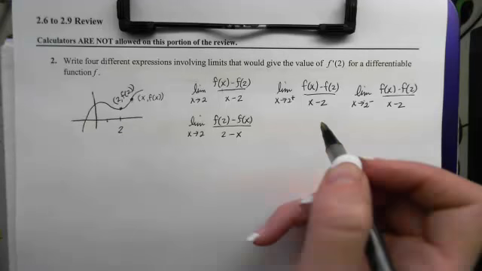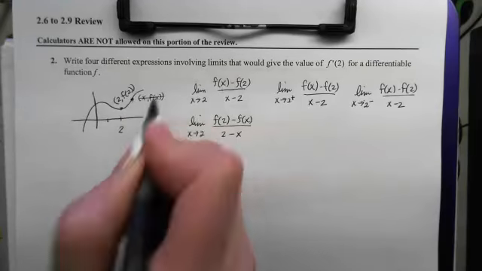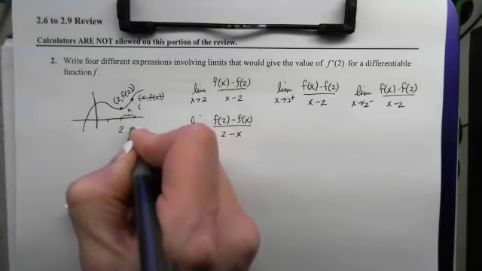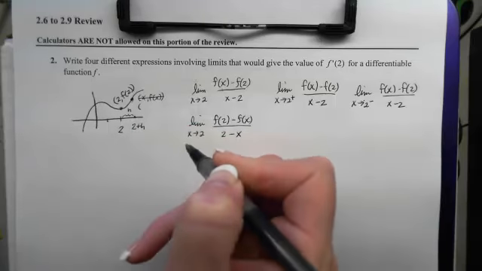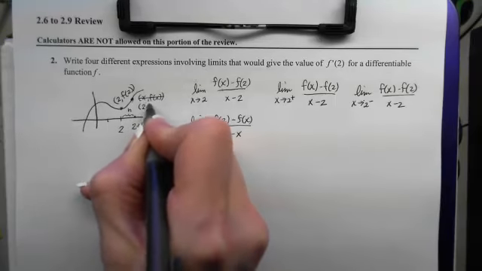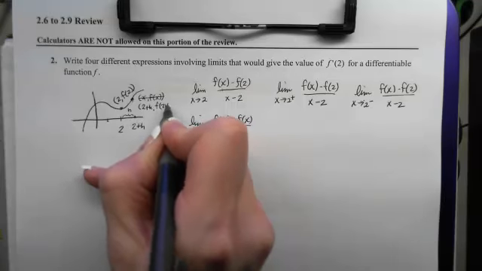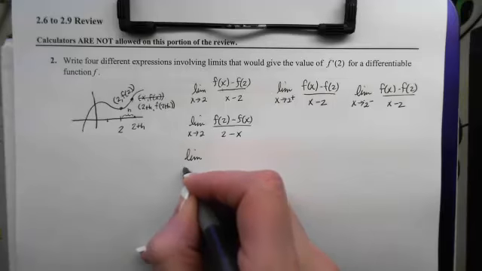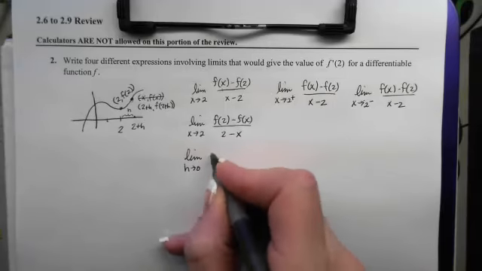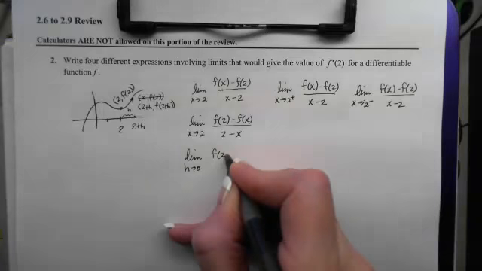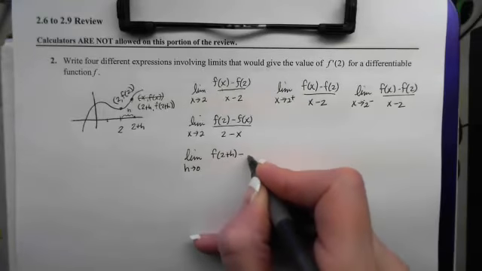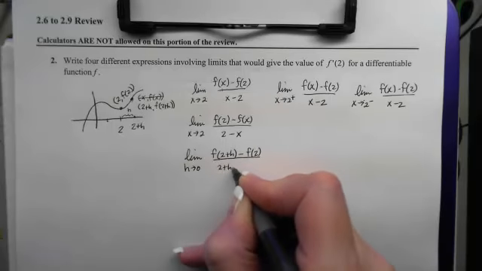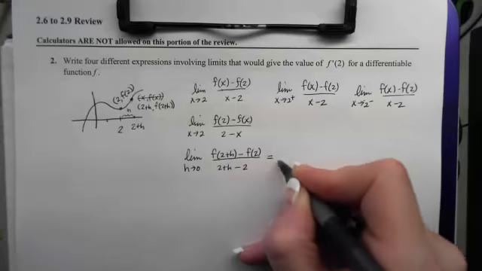Now another way to look at this is, instead of labeling it as x, f of x, we can say that the distance between these 2 points is h. So now my x coordinate is 2 plus h, and my y coordinate would be f of 2 plus h. So I could set up the limit as h approaches 0 of my right y coordinate minus my left over my right minus my left x coordinate.